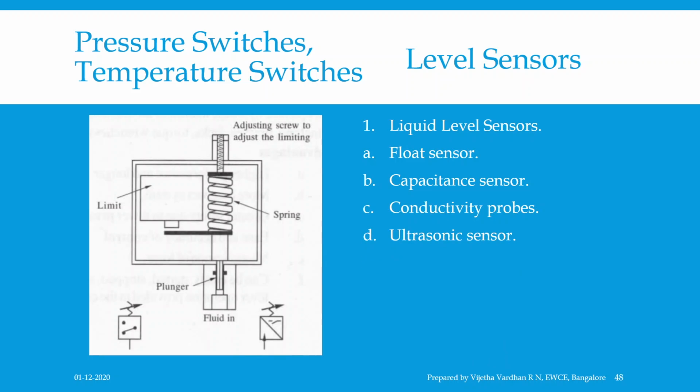Then coming to the ultrasonic sensor. Ultrasonic liquid level sensors operate by emitting pulses of ultrasonic sound, that is, sound outside of the audible range of a human being, and these sound waves travel toward the liquid medium being measured before bouncing back and returning to the transducer which produced them.